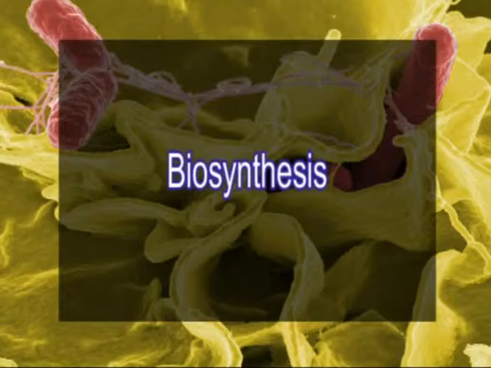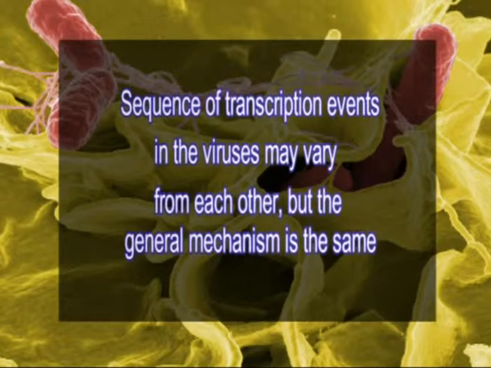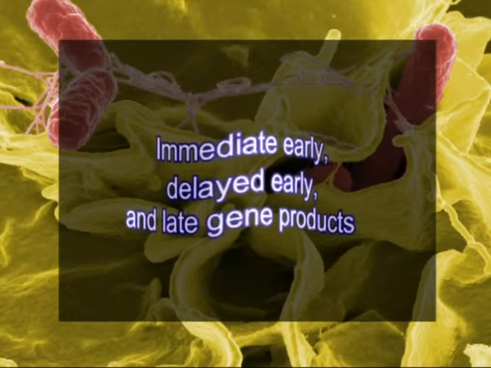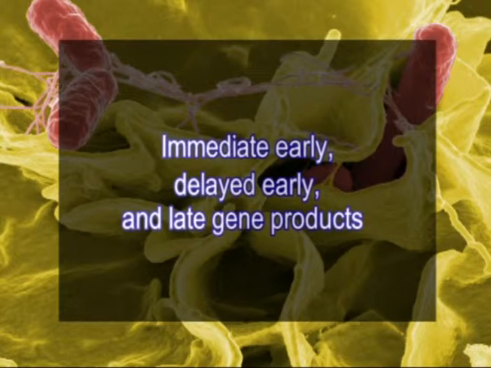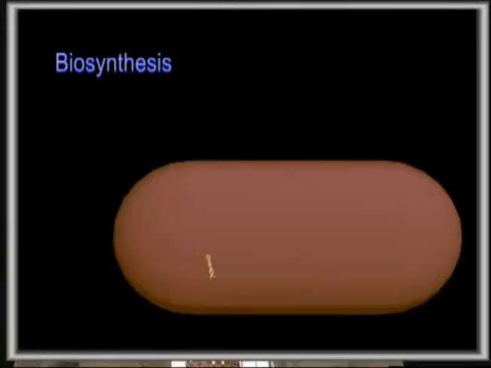Biosynthesis. The sequence of transcription events in viruses may vary from each other, but the general mechanism is the same. The biosynthetic mechanism of phage T4 is discussed here as an example, which occurs in several stages leading to the formation of immediate early, delayed early, and late gene products, so named on the basis of the sequence of their appearance.